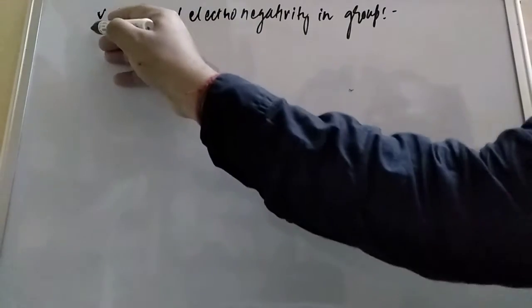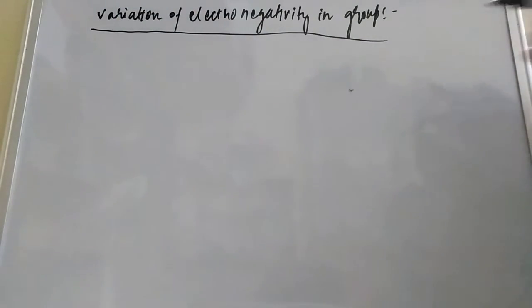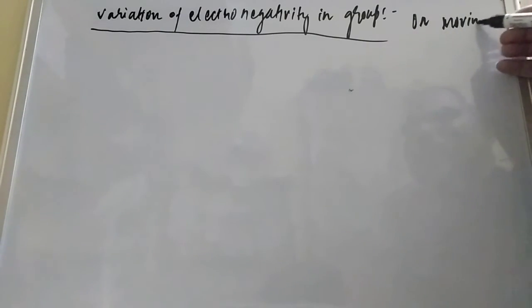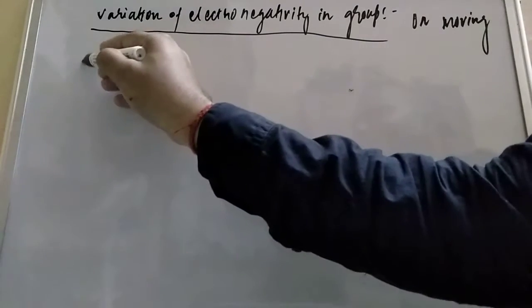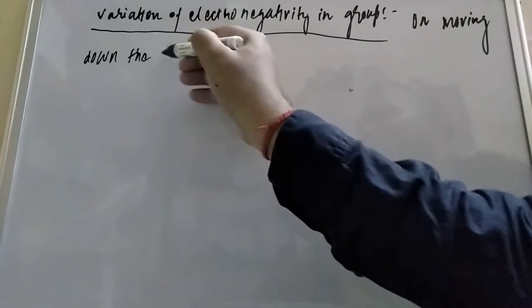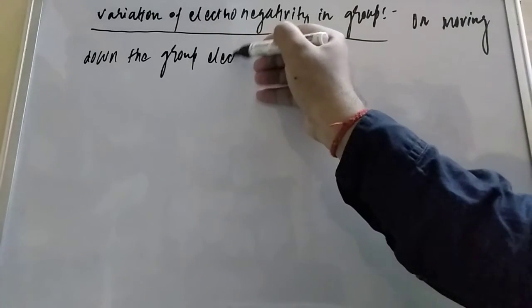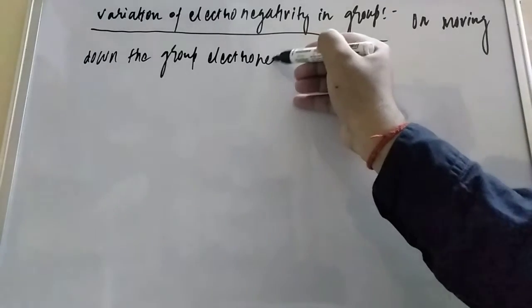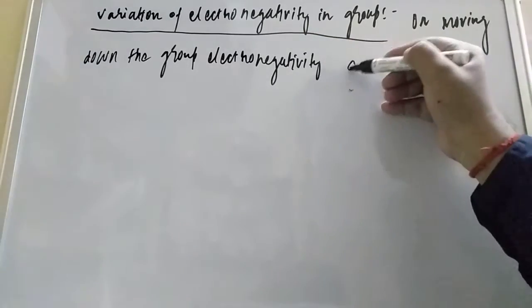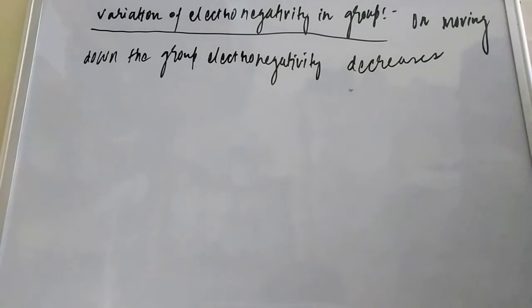Dear friend, electronegativity is the tendency to attract the shared paired electrons. So on moving down the group, electronegativity decreases. Why does it decrease, friend?